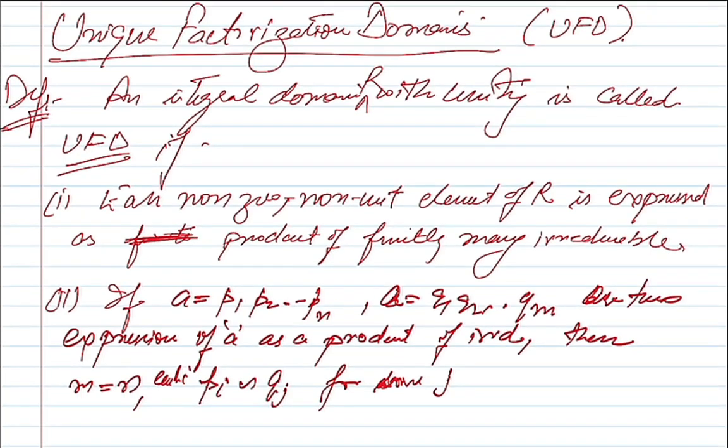That is, this factorization is unique up to associates. That is what we mean by a unique factorization domain.